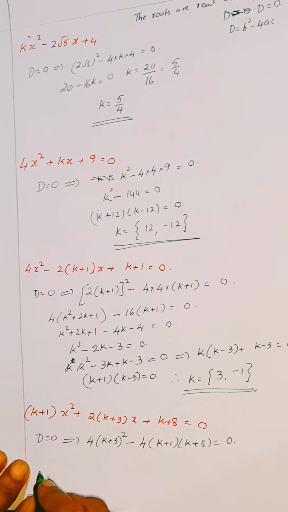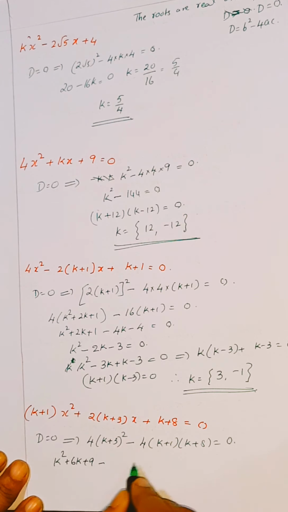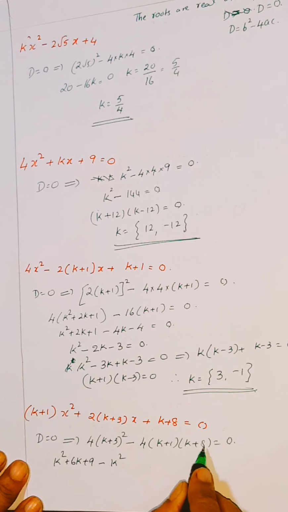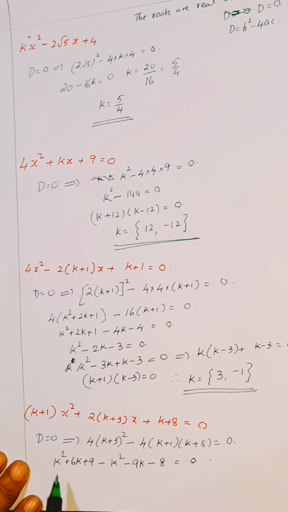So we are left with k plus 3 the whole square, so k squared plus 6k plus 9, minus k squared plus 8k plus 1k, 9k, so minus 9k minus 8 is equal to 0. So k squared is gone. Minus 3k plus 1 equal to 0. So 3k is equal to 1. So k is equal to 1 by 3.